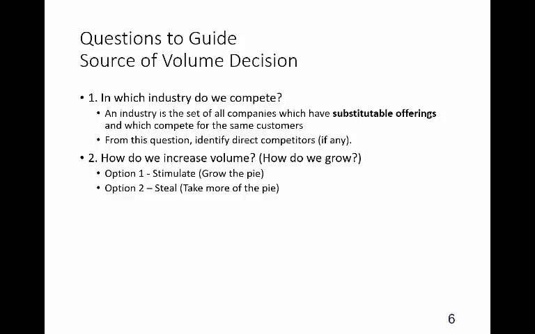You might remember the classic article by Theodore Levitt on marketing myopia and how he talked about the problem with companies that define themselves very narrowly, and then their entire industry was upended by organizations that they didn't know were competitors coming in.